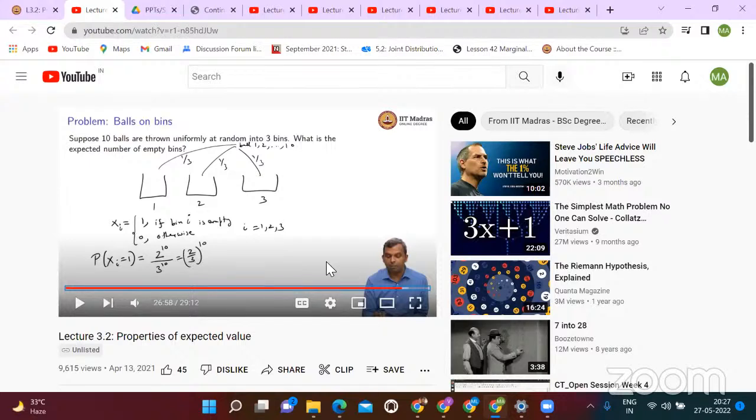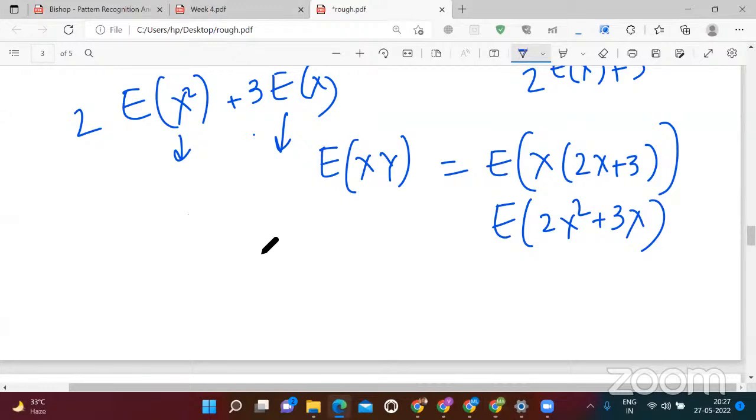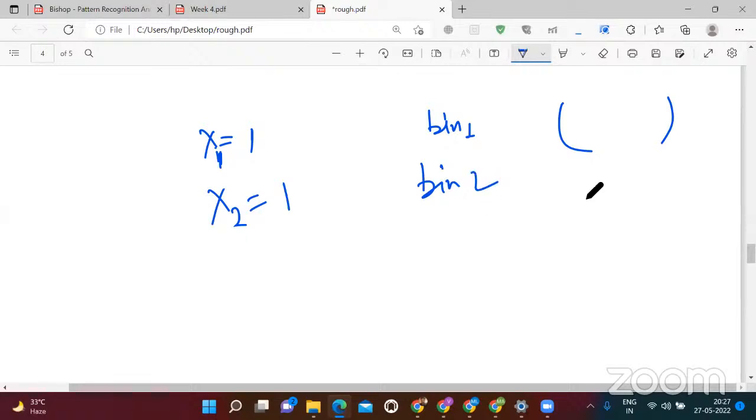If I'm throwing the 10 balls, x1 equals 1 means bin 1 is empty, so all the 10 balls went to the second and third one. And x2 equals 1 means bin 2 is empty and all the balls went to bins 1 and 3, and similarly x3.